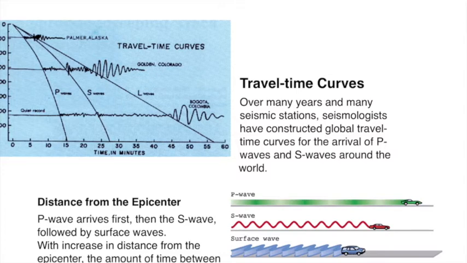Simply by how fast these come in and what's the time in between one and the next. Because they travel at a certain speed, you can measure that speed, so then you can make predictions, just mathematical solutions, of how far something is away from you by how long it took the P waves and S waves to get to you.